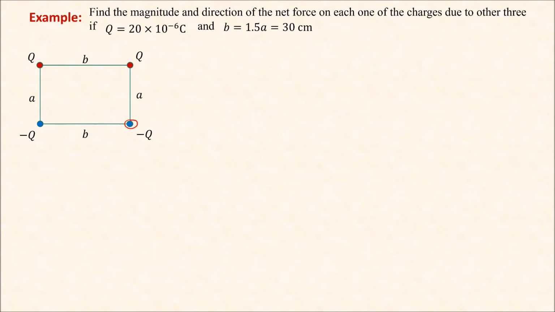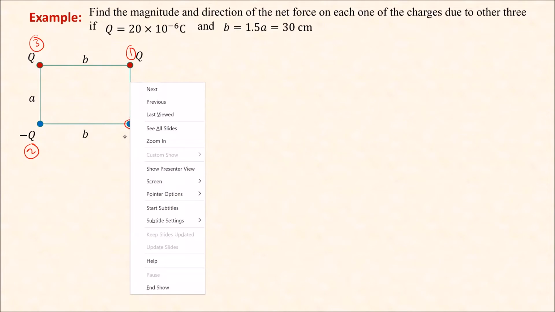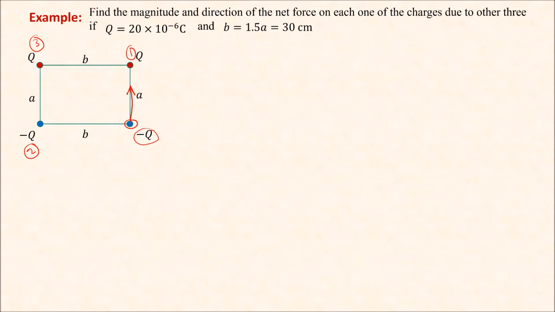Let's call them 1, 2, 3. The force of 1 on this negative Q is attractive, so it's directly upward, right?